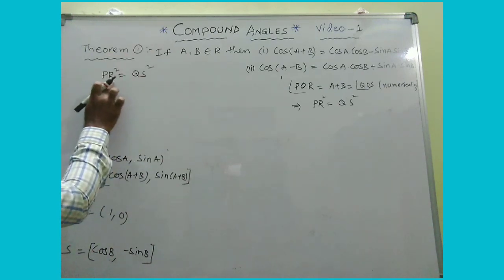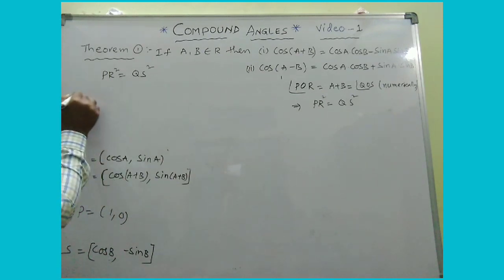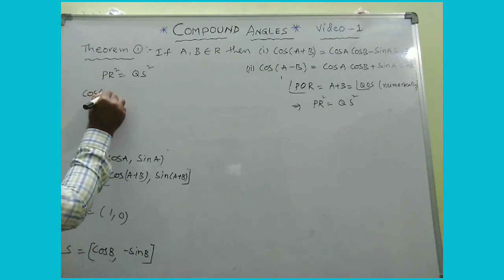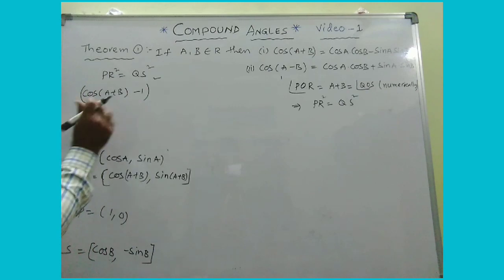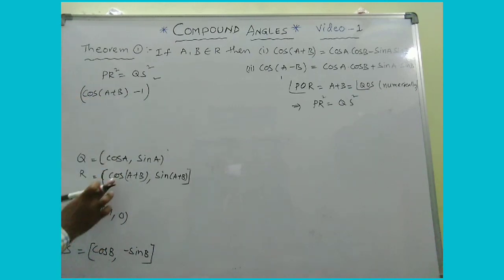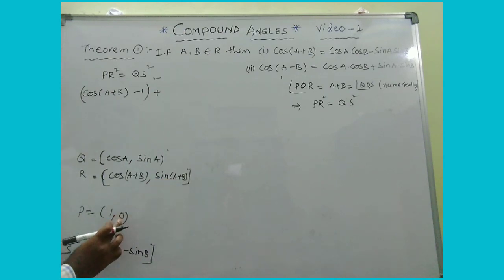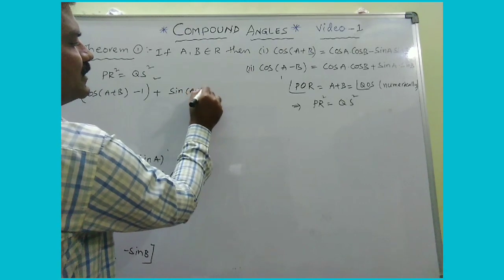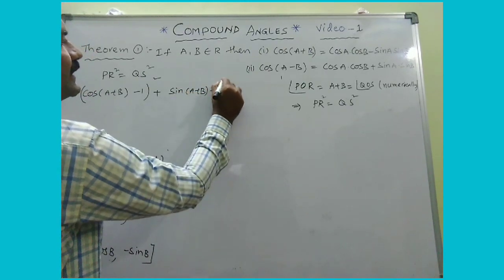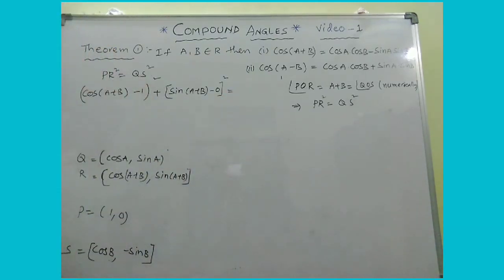Hence let us apply the formula for P and R. x2 minus x1, which is cos of A plus B minus 1 whole square, plus y2 minus y1 whole square, which is sine of A plus B minus 0 entirely whole square, and which is equal to Q and S.